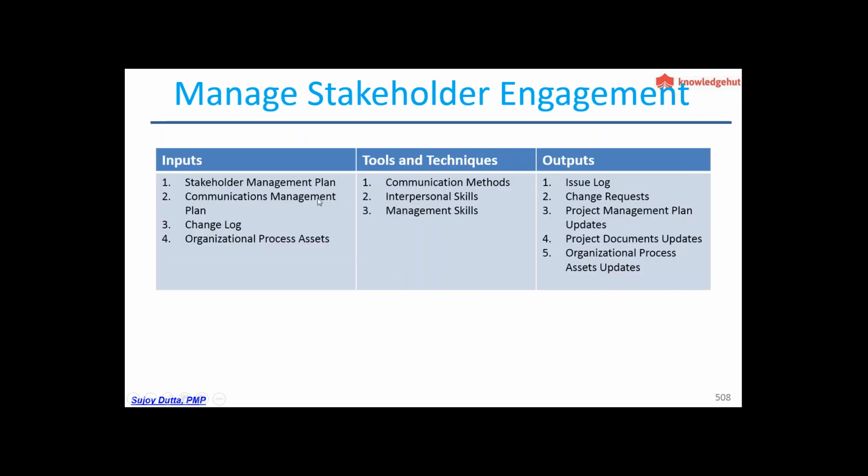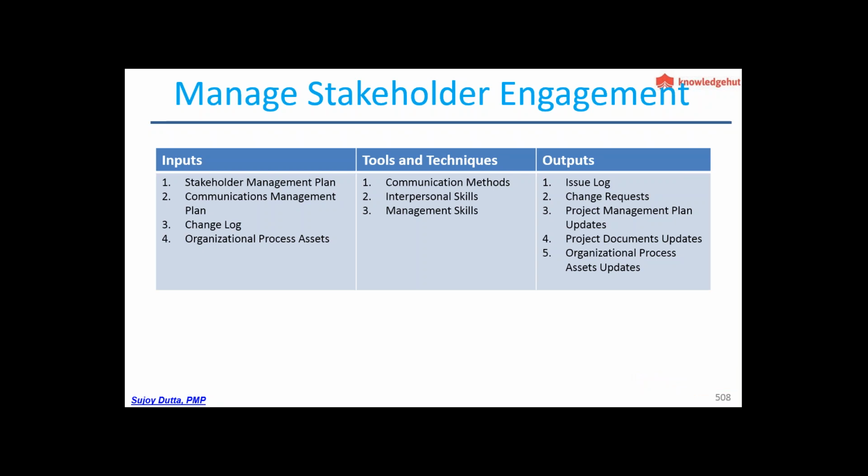And how do we do that? We take the stakeholder management plan as an input and as a guidance document, and the communication management plan, which tells us what communication should be done, and the change log, if any. Why do we need some change? Because as we are engaged with the stakeholders, we might observe that certain changes are required, and certain changes occur due to stakeholder status changes during the course of the project.